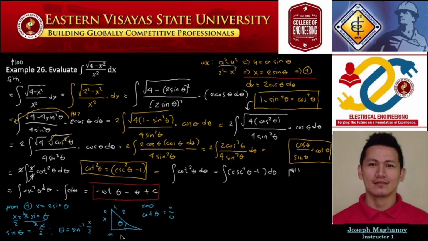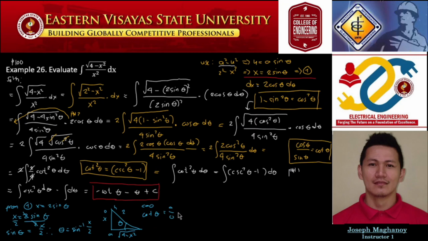So to determine our adjacent, we only use the Pythagorean theorem. So if this is a hypotenuse, with unknown adjacent and existing opposite and hypotenuse, if we derive from the Pythagorean theorem, adjacent is equal to the square root of 4 minus x squared. That's why we derive the square root of 4 minus x squared.